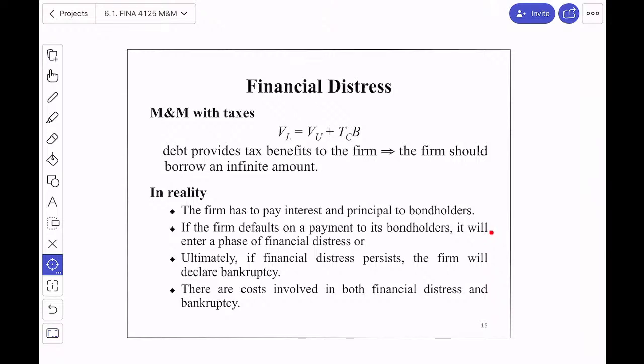if the firm defaults on a payment to its bondholders, it will enter a phase of financial distress. Ultimately, if financial distress persists, the firm will declare bankruptcy.